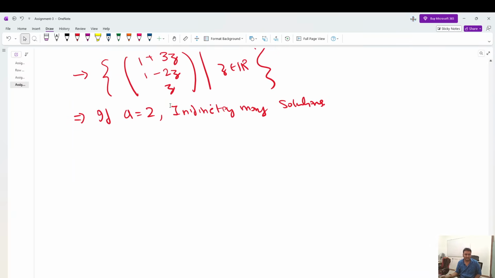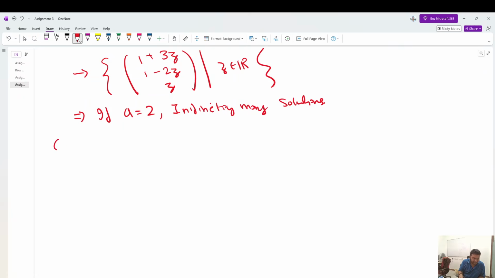So you know what is the remaining case. Case 3, when a square minus 4 is non-zero and a minus 2 is non-zero. In short, a is not equal to plus or minus 2, right? Those are the cases which you have exhausted.